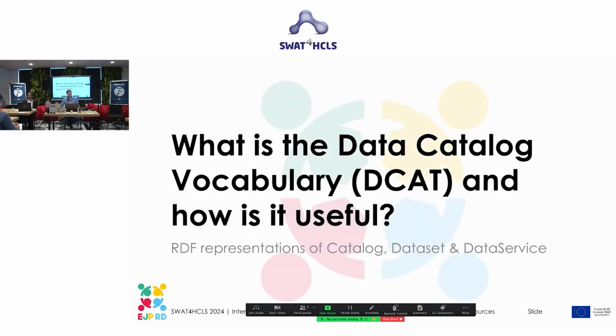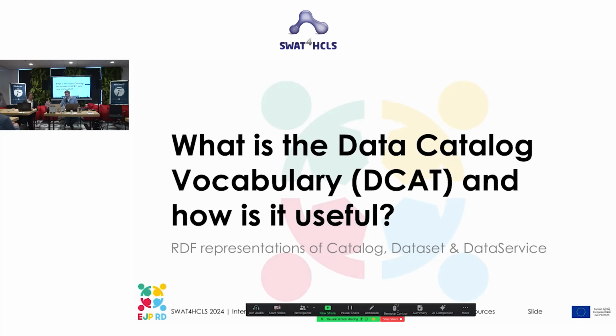And looking then at what makes this metadata service tick, we have the data catalog vocabulary. And I'm going to digest this a little bit for you and describe how that can be adapted, restricted to make it more useful, and then adapted to specific use cases.